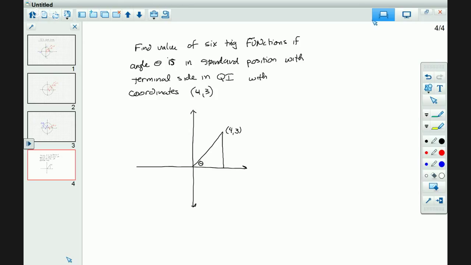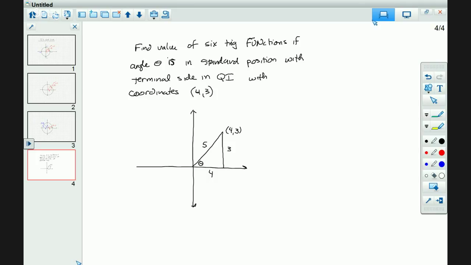So this is 4, correct? And 3, x and y values. What's the hypotenuse? 5. I set that up to give a Pythagorean triple. If it's not, you can use the Pythagorean theorem to calculate the hypotenuse.